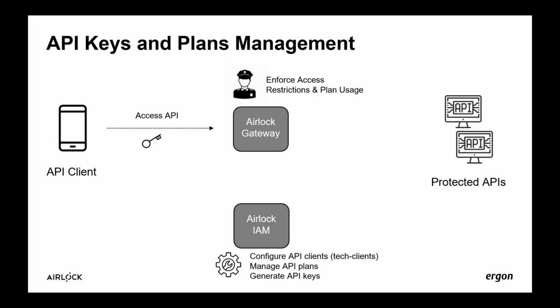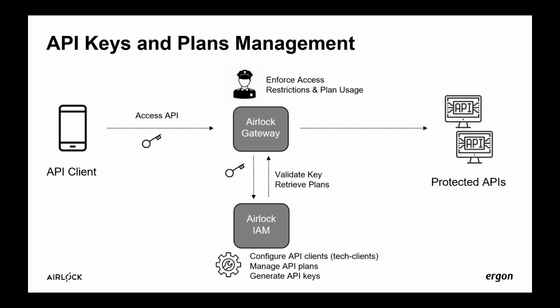The Airlock Gateway will then redirect the request to the Airlock IAM. The Airlock IAM will verify if it's the correct key, and if the plan is kept, and if everything is okay, the request will be forwarded to the according API.